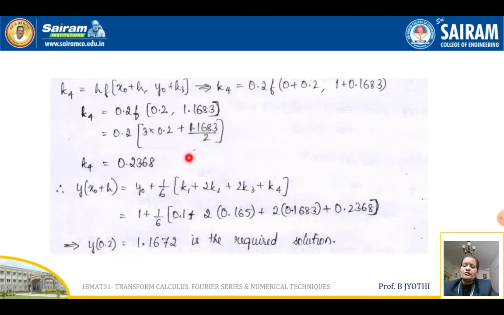Now that we have computed all the values of k1, k2, k3 and k4, let us substitute in the final formula, that is y0 plus 1 by 6 times (k1 plus 2k2 plus 2k3 plus k4), which gives us 1.1672. This is the required solution. Do remember this value. Now let us go for finding the same solution by using the analytical method.